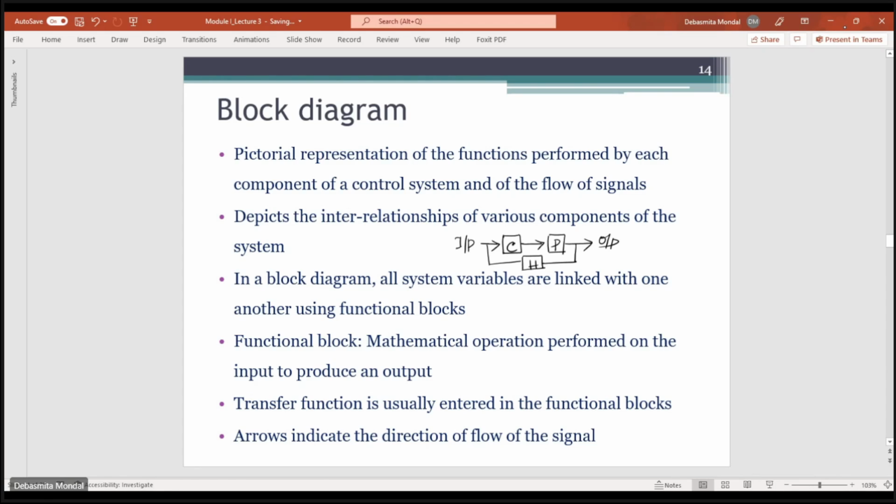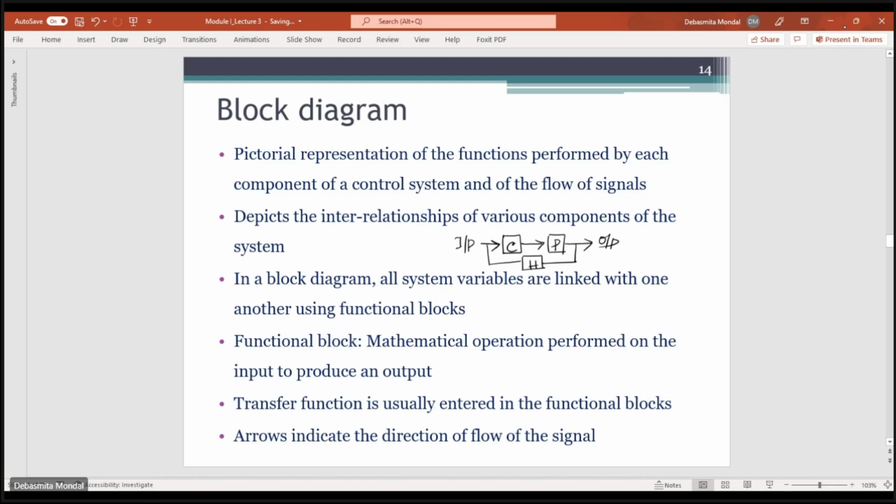In all these systems, each element is represented as one block. These blocks are functional blocks, and the mathematical operation of the functional block is performed on the input in order to produce the output.